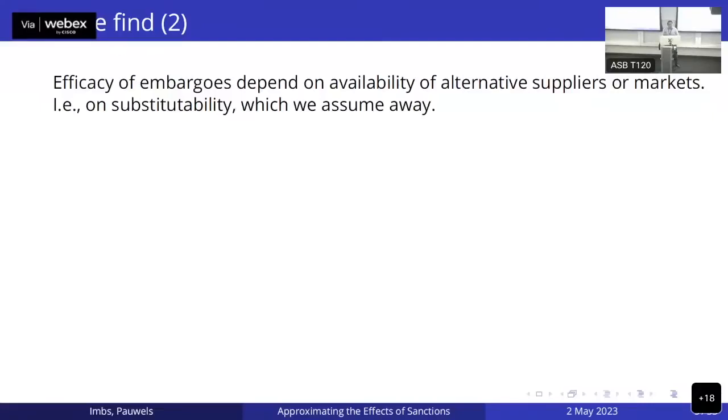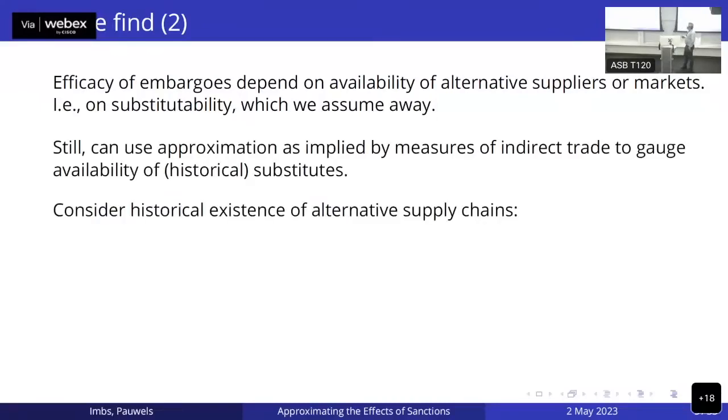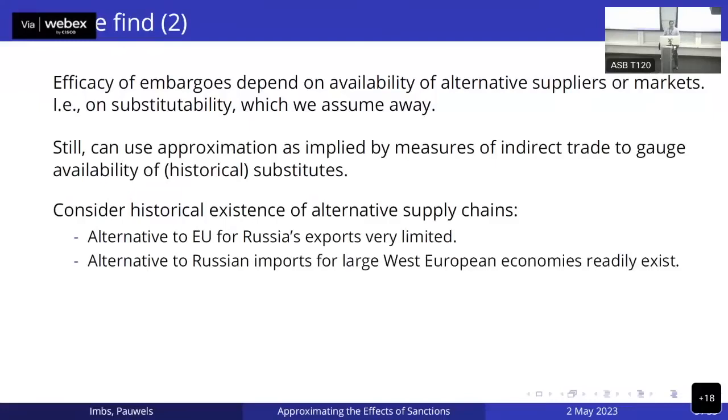So we look at these market alternatives, and again, what we find is that there's again these strong asymmetries across the results. Russia has some alternatives, but they are much smaller than the EU. So it's quite limited for Russian export.